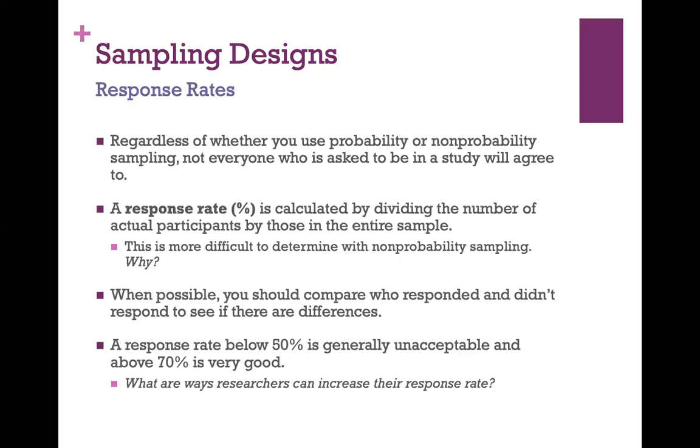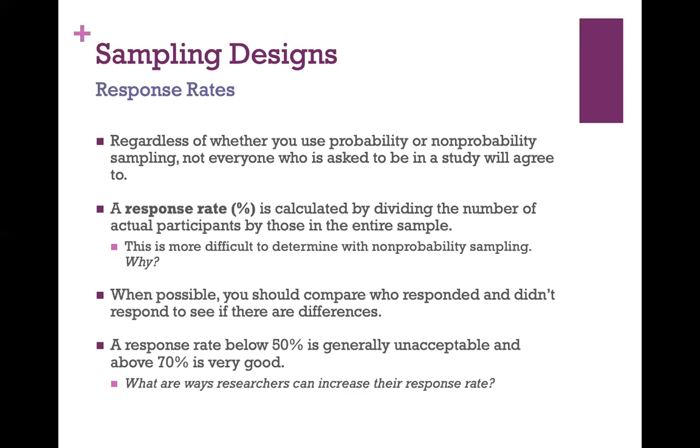When you can, you should compare who actually responded and who didn't respond to see if there's any differences there. So for example, in my dissertation, I had a portion of the population of undergraduate students, and I could see who had actually responded to my invitation and who did not. And so I could look for differences in who responded and who didn't.